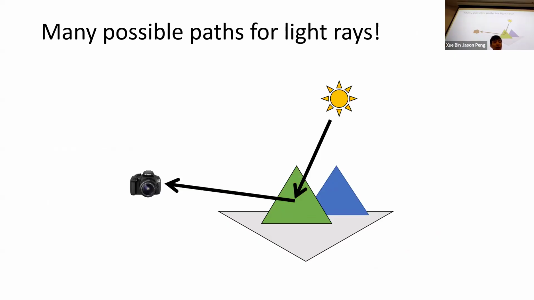To construct an image of the scene, we can try to simulate how light bounces around the scene, and how much light is going to arrive at the camera to eventually form the image of the scene. A straightforward way of doing this would be to simulate light rays being emitted from our light source. These light rays are going to travel through the scene, and some of those light rays are going to hit objects in the scene.